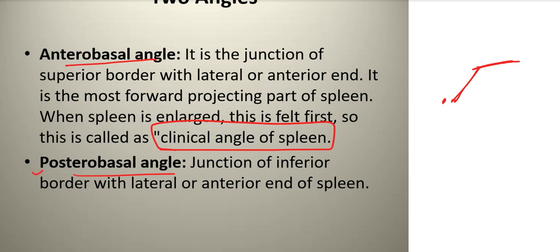Next is the posterobasal angle, the junction of the inferior border with the lateral end of the spleen. This is the inferior border and lateral end, and this angle is called posterobasal. This is anterobasal.